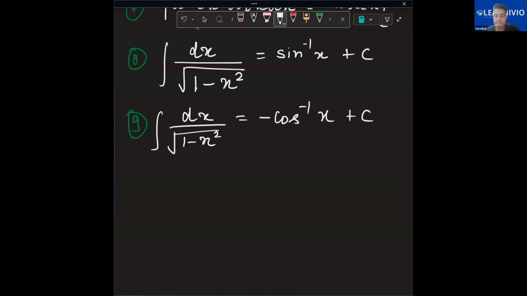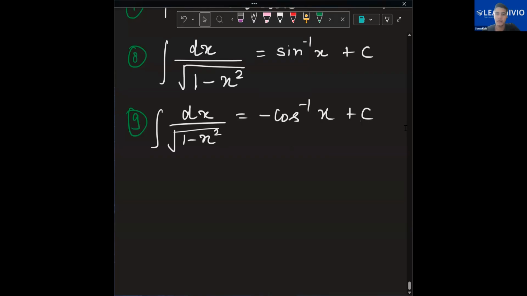All right, is it clear? If you take a minus in the starting, then you can write this as cos inverse of x with a minus sign and plus an arbitrary constant.